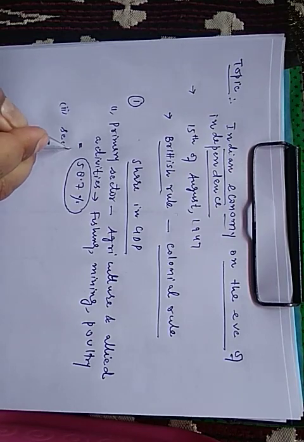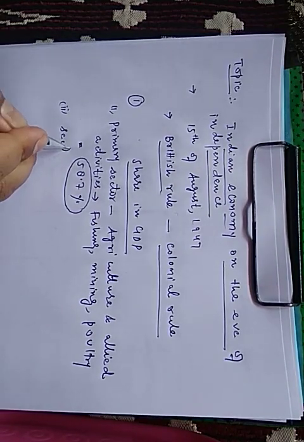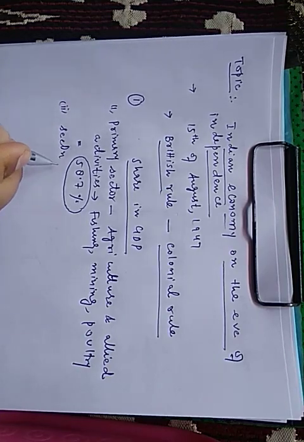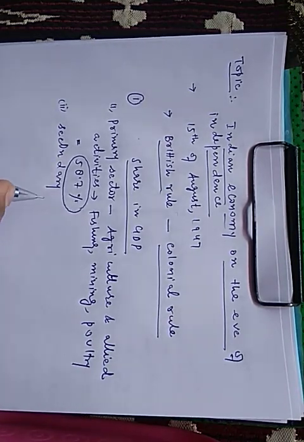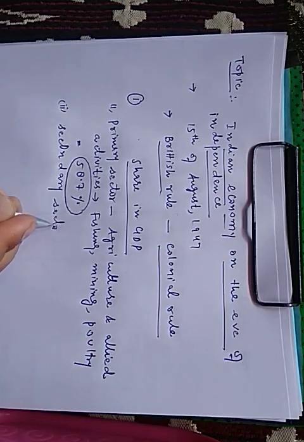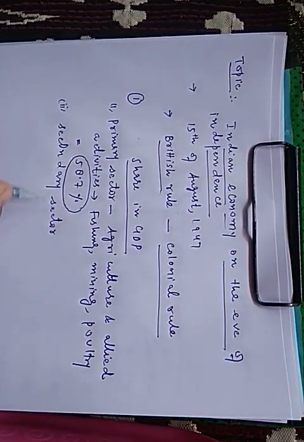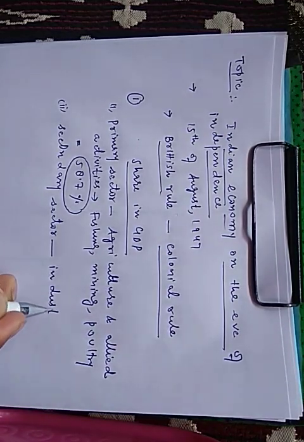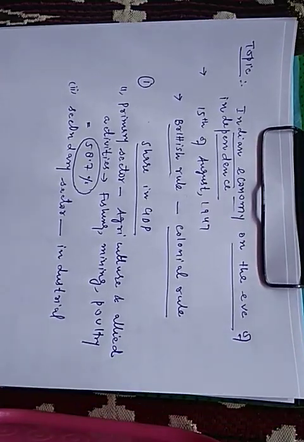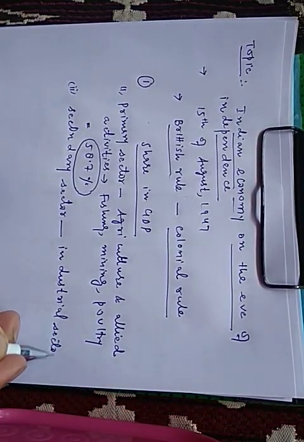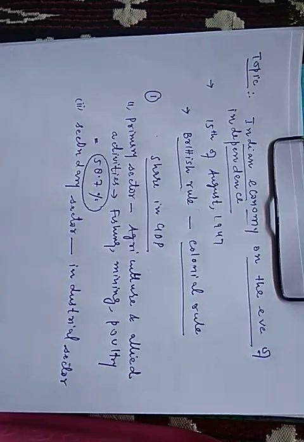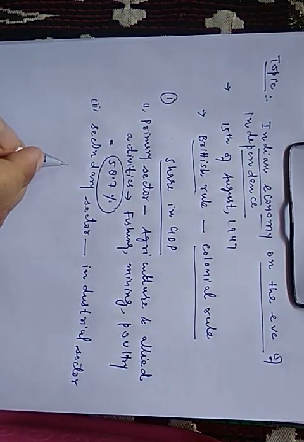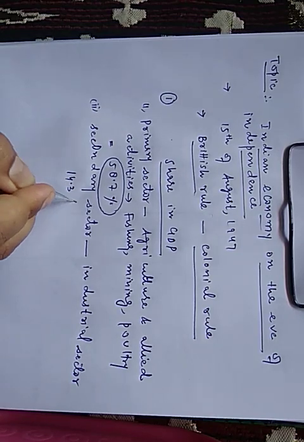Similarly, the share of the secondary sector in GDP was 14.3%. We also call it the industrial sector. Its share in GDP was 14.3%.